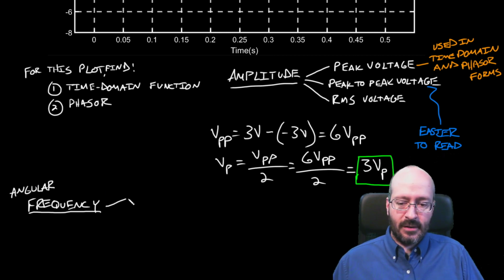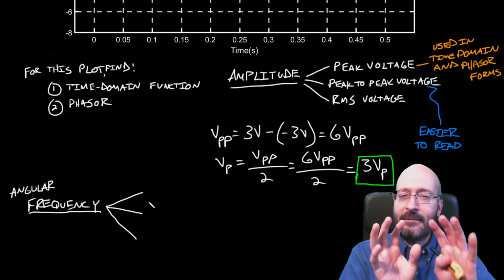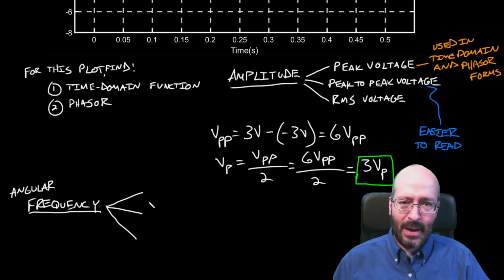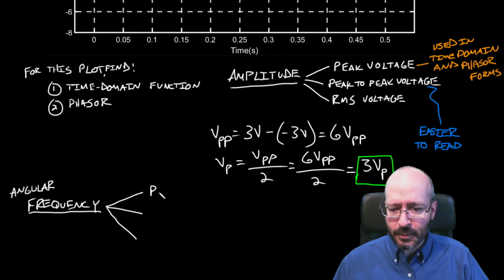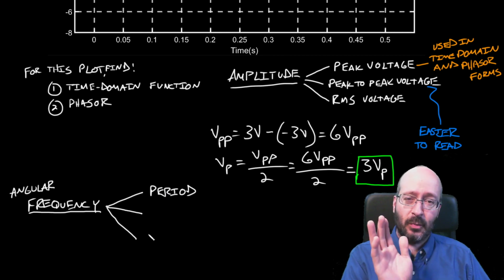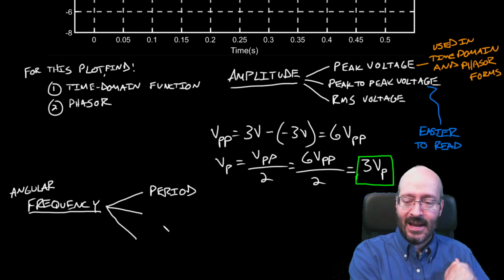Okay, we can measure things easily, or there are 3 values related to frequency that we can use to describe how quickly this waveform is repeating itself. The first one is the one that's easy to measure. We can measure the period off of this waveform because we can look at the different times on the waveform.